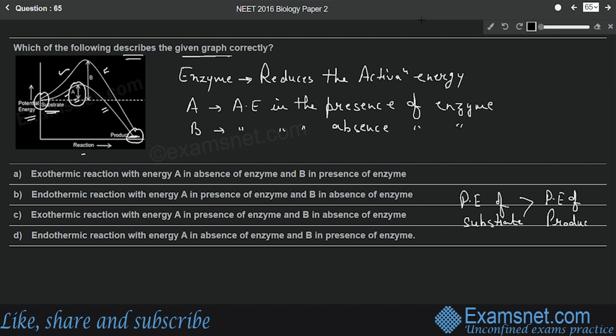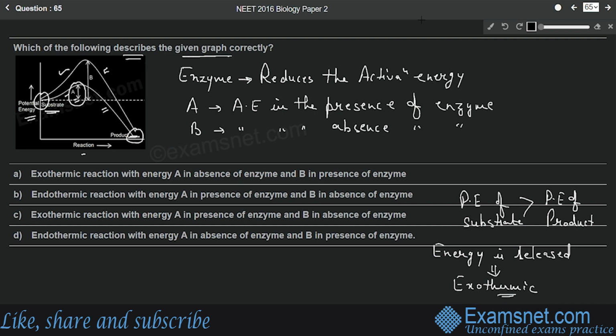That means there is a loss of energy, or we can say energy has been released, that means the process is exothermic. Now let's see the options.